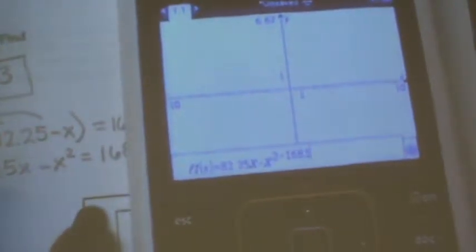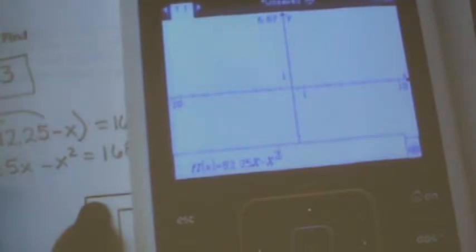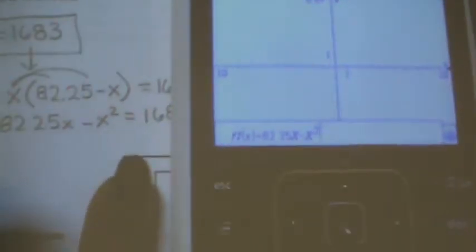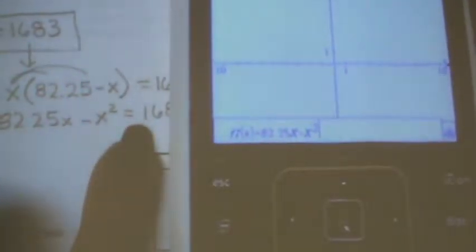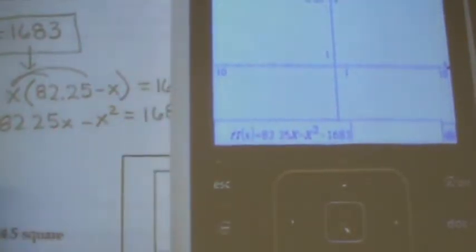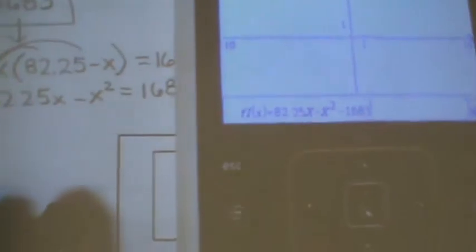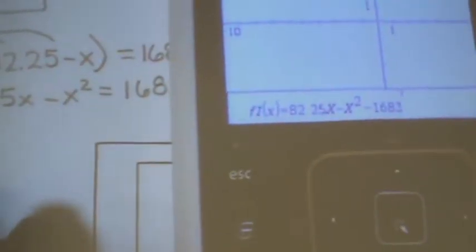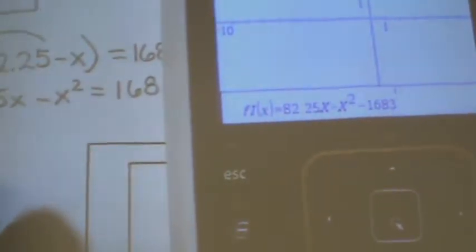I have to bump this down. So minus 1683. Check to make sure it's typed in correctly. So 82.25x minus x squared minus 1683. Then hit enter. And you may not see anything.